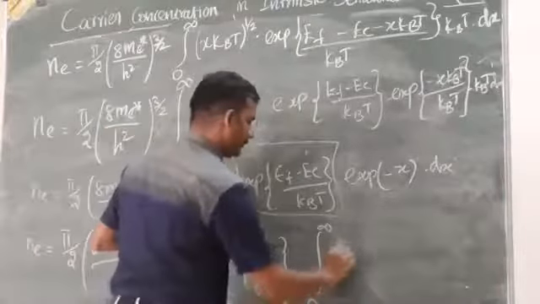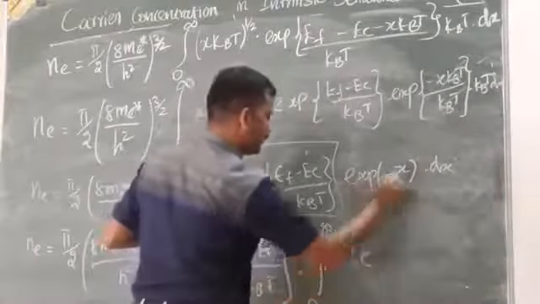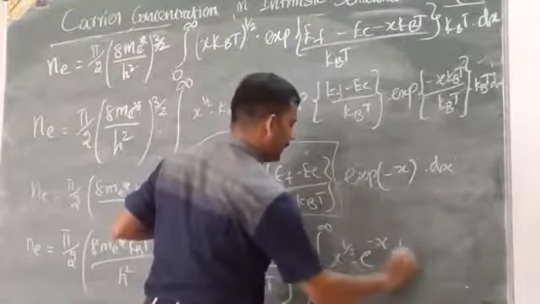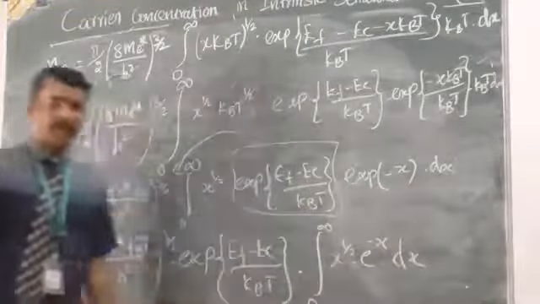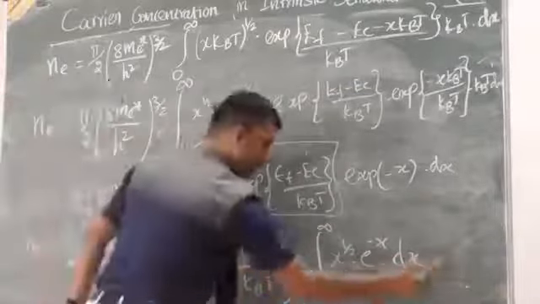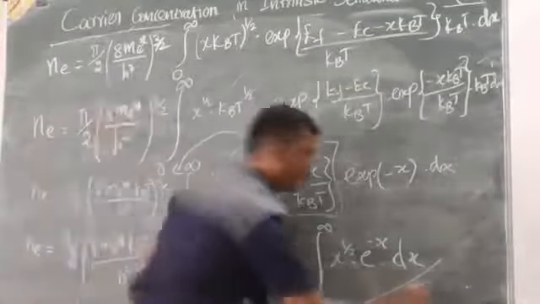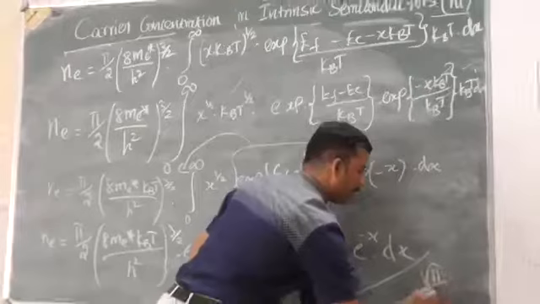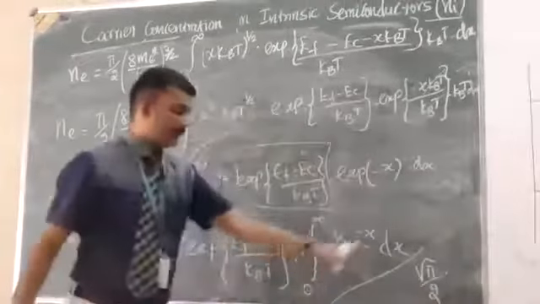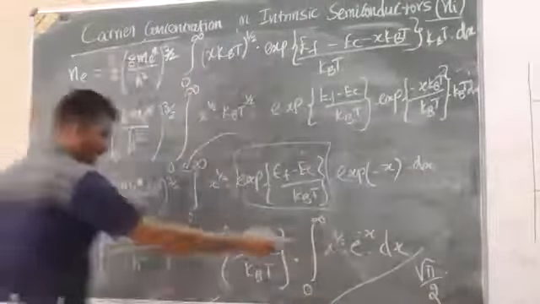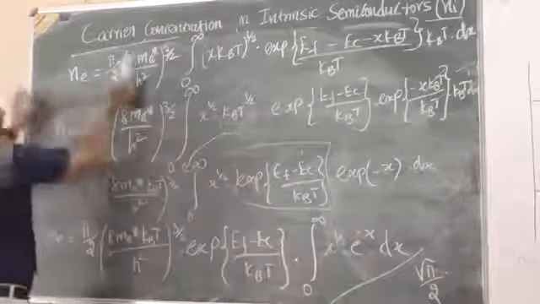So x to the power of is here, e to the power minus x is here, and dx. And we need the integral value for this. Integral value will be root 5 by 2 or 5 power of by 2. Substitute the value here.